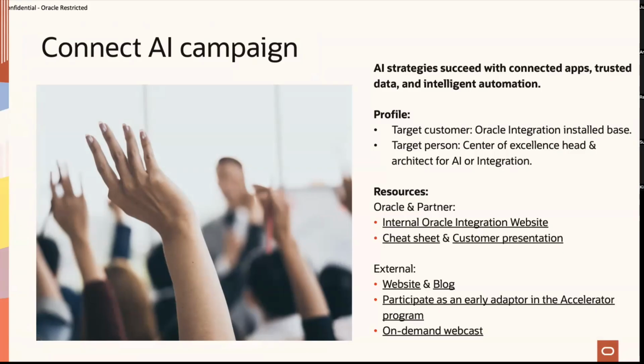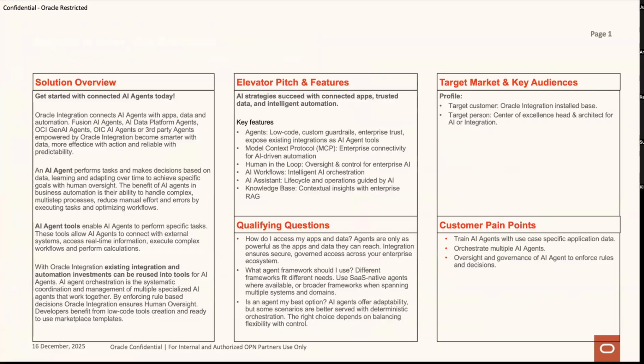We will also have a live demo, and we now provide on the Oracle Partner Community website the new SharePoint page, an extra section with a customer presentation and a cheat sheet. So you can start promoting this functionality, which is currently in preview, to your customer base. The cheat sheet trains you and gives you some information on the new three-letter acronyms and terms and the features and how you can position it.